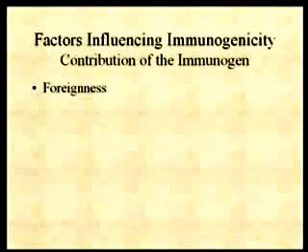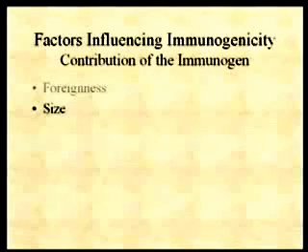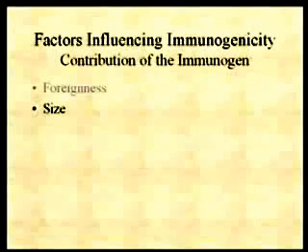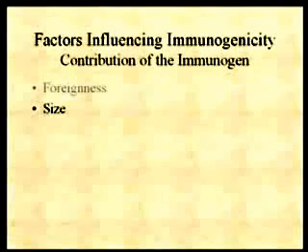But it's not the only thing. Size is important. In general, larger molecules are better immunogens than smaller molecules. And in fact, I don't expect you to remember numbers, but usually things over 10,000 molecular weight are very good immunogens. When you get below 1,000, they're not going to be immunogenic. They may act as haptens.